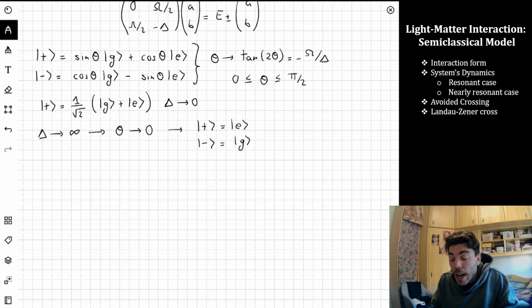And the eigenstates of the atom are exactly these eigenstates, excited and ground state, so it doesn't mix with itself.